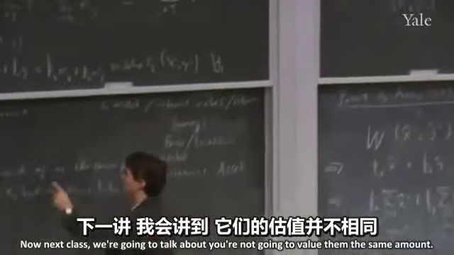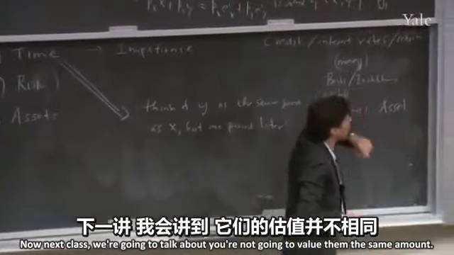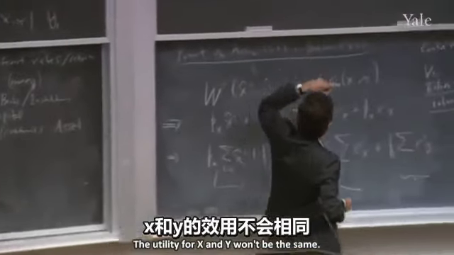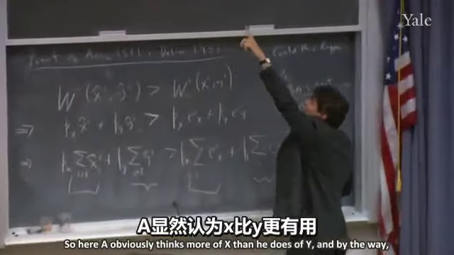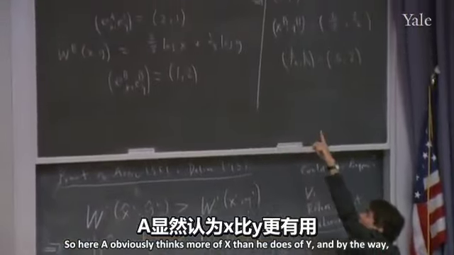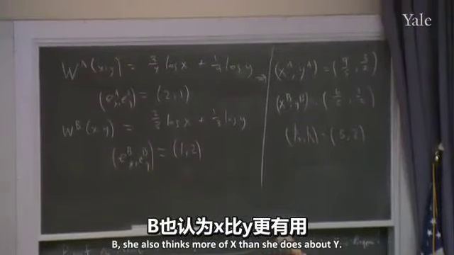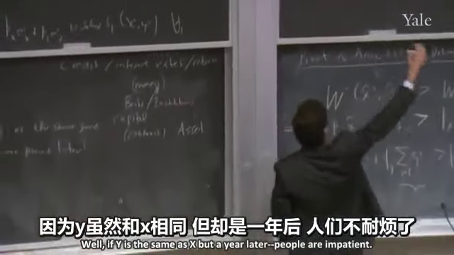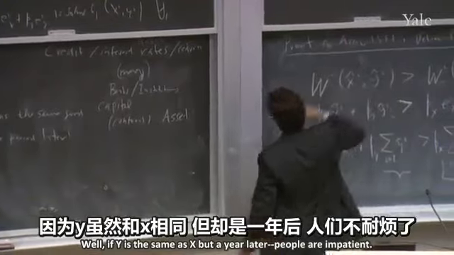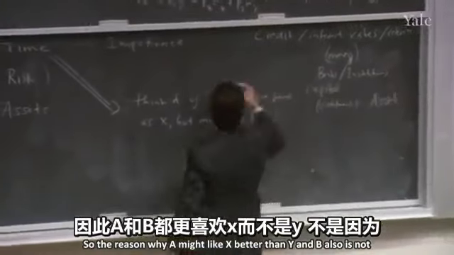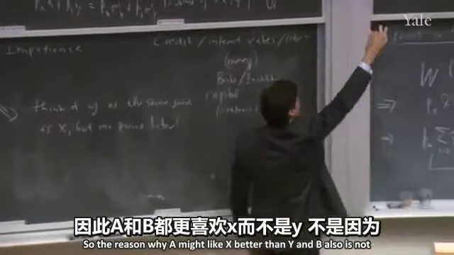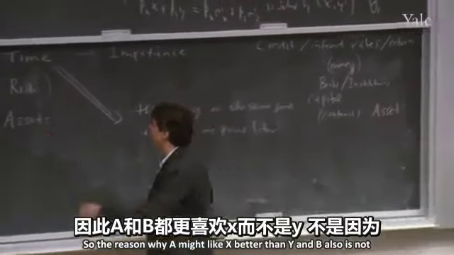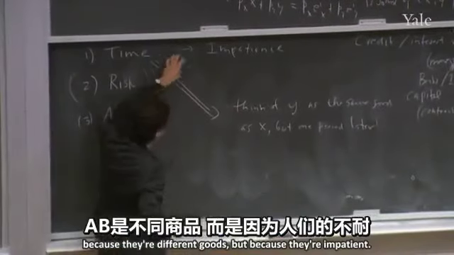Now, next class, we're going to talk about how you're not going to value them the same amount. The utility for x and y won't be the same. So here, A obviously thinks more of x than he does of y. And by the way, B, she also thinks more of x than she does about y. So why is that? Well, if y is the same as x, but a year later, people are impatient. So the reason why A might like x better than y and B also is not because they're different goods, but because they're impatient.